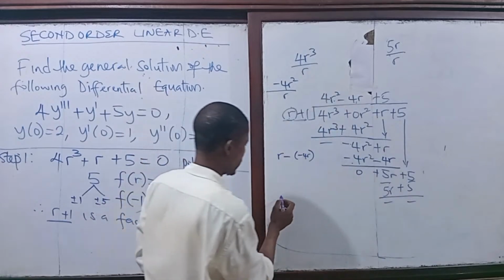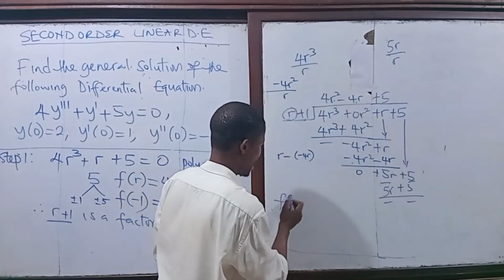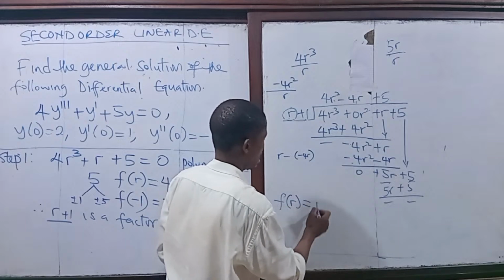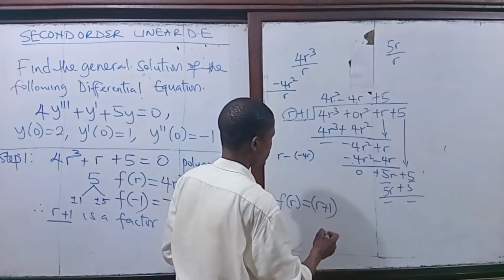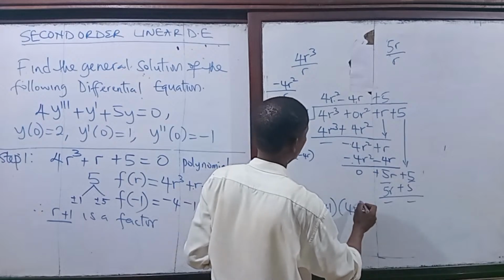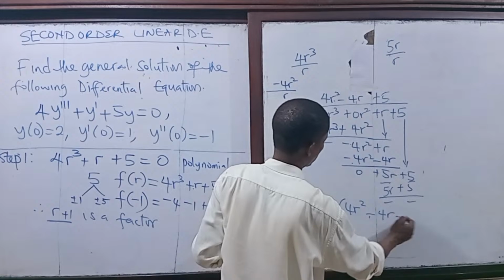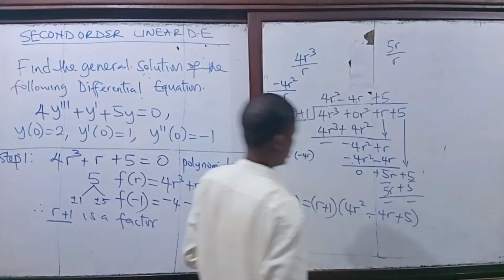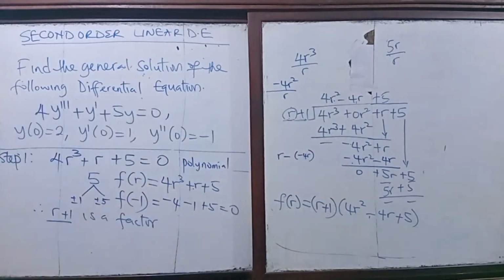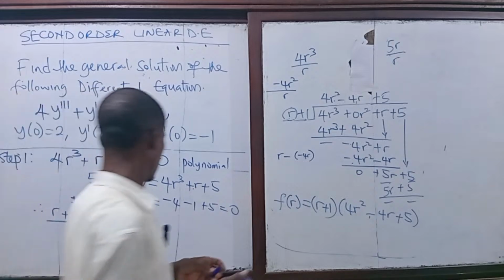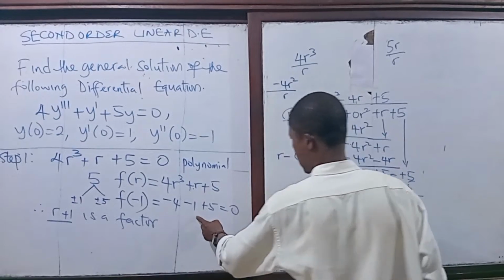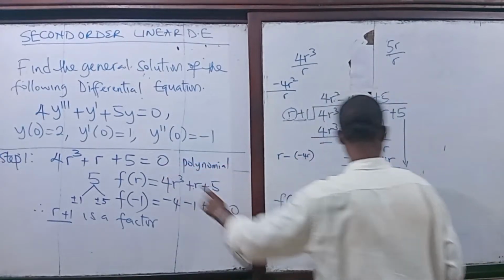So the polynomial now becomes f of r equals r plus 1 times 4r squared minus 4r plus 5, which is now equal to 0.